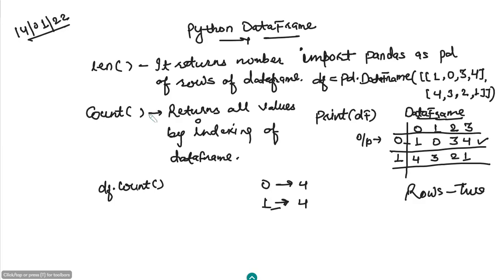So we will get the output accordingly. We are having only 4 values in both the indexing, right? So that's why it returns at 0 index 4 values and 1 index 4 values, right? Is it clear? Yes. Okay.